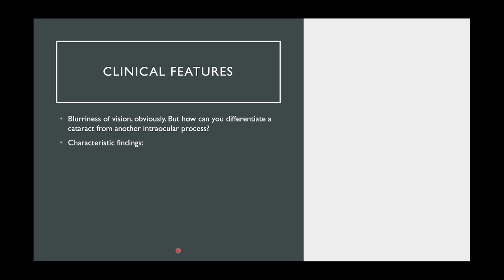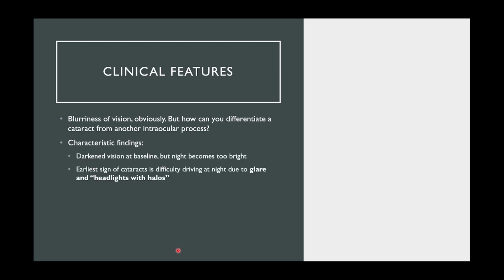So what are the clinical features of cataracts? Patients will complain of blurry vision, obviously, and that is the main complaint in most patients coming to eye clinics. So how can you differentiate the history of someone who comes in for cataracts versus something else? There are some characteristic findings that patients will complain of. Most commonly, they'll complain of darkened vision at baseline, but they'll complain that lights become too bright at night.